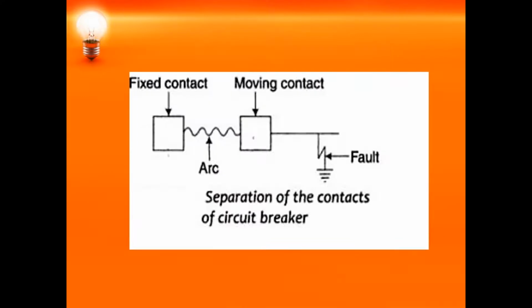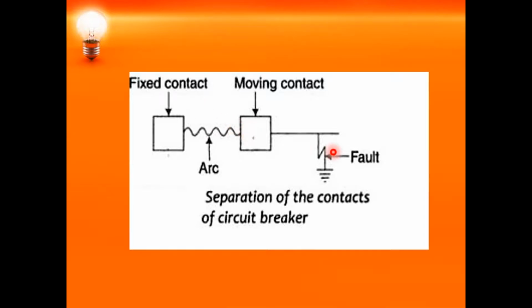When the circuit breaker operates, an arc is formed. The circuit breaker has two contacts: one is the moving contact, the other is the fixed contact. This entire setup is in a closed chamber, and the chamber is filled with the insulating medium.